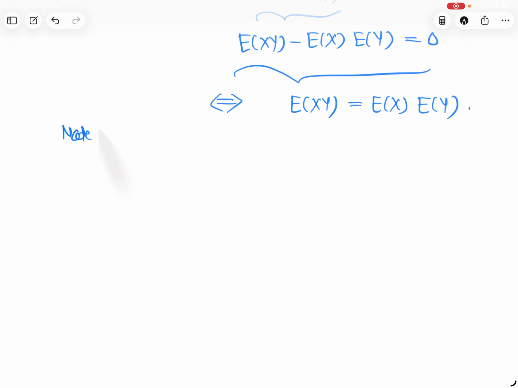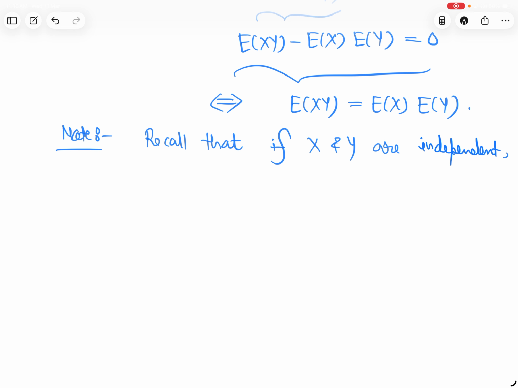Now recall that if x and y are independent random variables, we have, we proved that if x and y are independent, then Exy is always equal to Ex into Ey. Yes, we have done it earlier.